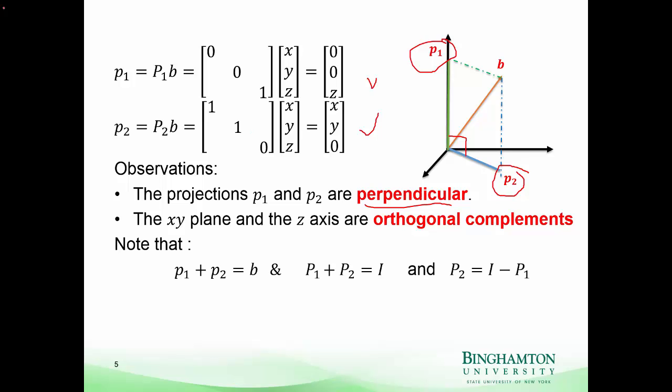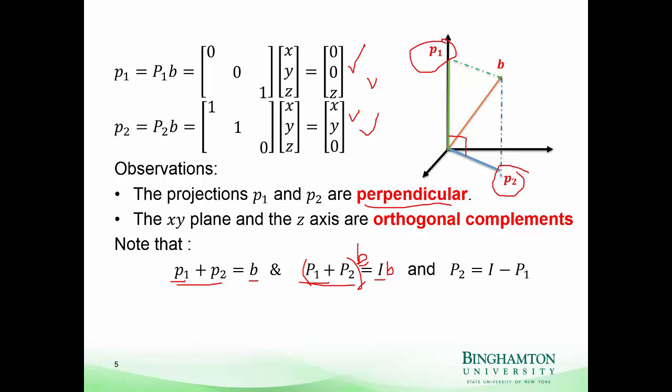And from that, we can also see that for this case, and we'll see some generalizations of this idea, if we take our z projection and our xy projection and we add them together, well, it's easy to see that we get back B. And we can capture that idea by saying that the two projection matrices added together must give us I. Because if we multiply both sides by B, over on the left side, we're going to get P1 times B gives us little p1.